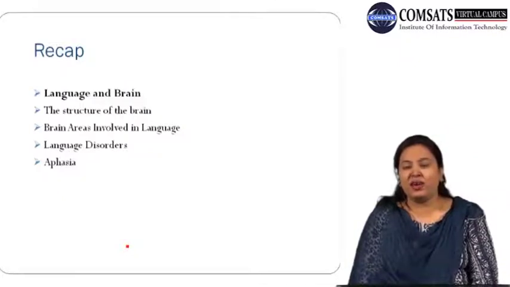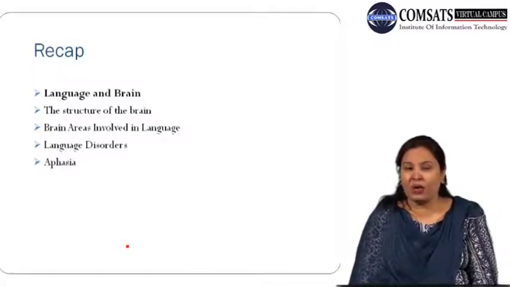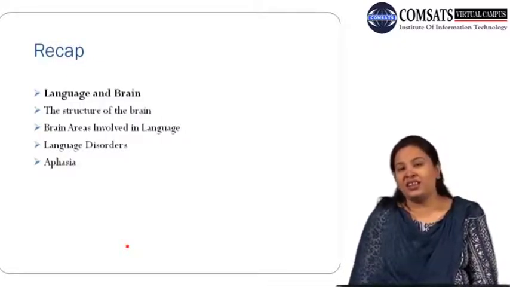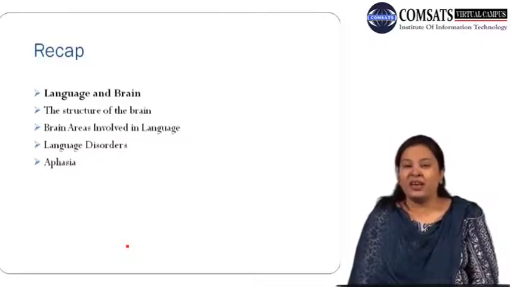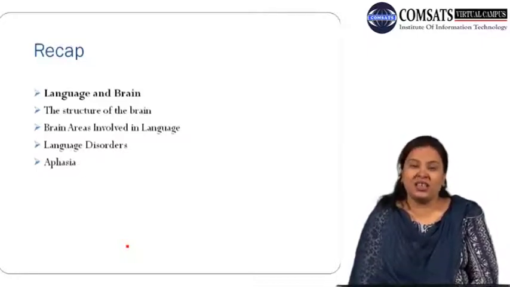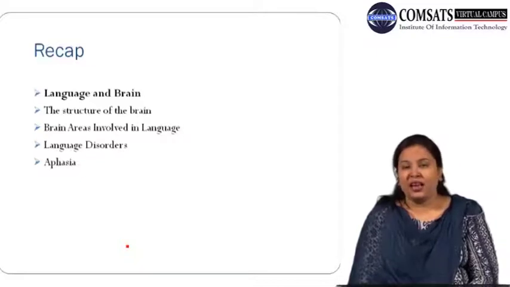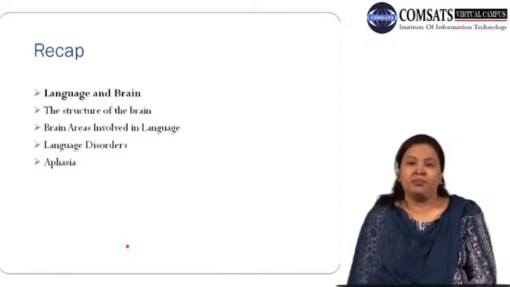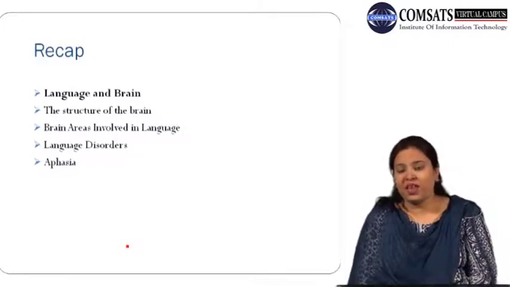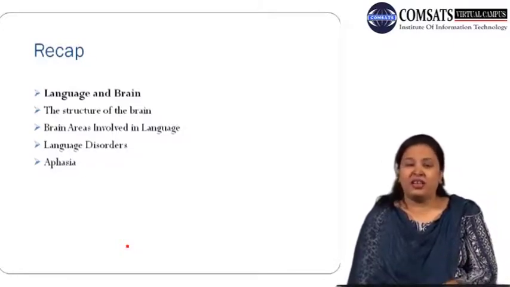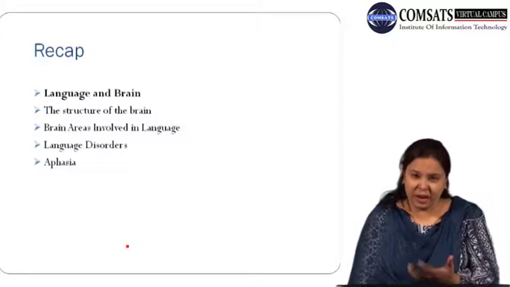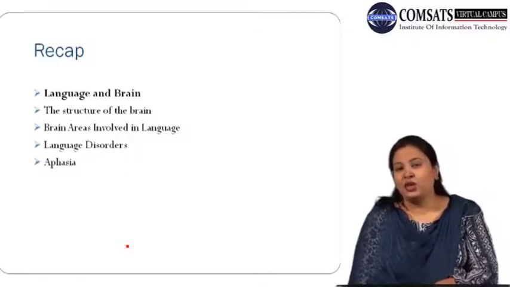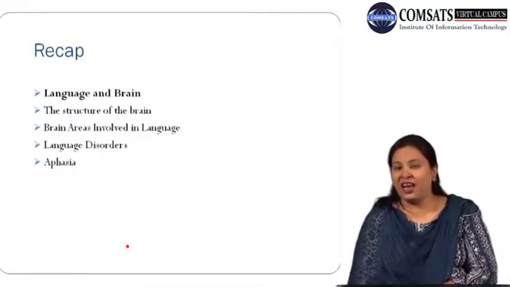Then we discussed different areas in the brain, like the left hemisphere and right hemisphere and their roles with respect to language, and the introduction of Broca's area and Wernicke's area, where it is said the actual language things reside, and the experiments that prove that language is associated with the brain: aphasia. Aphasia is the disease where a certain part of the brain gets damaged, and as a result you have certain problems with your language.